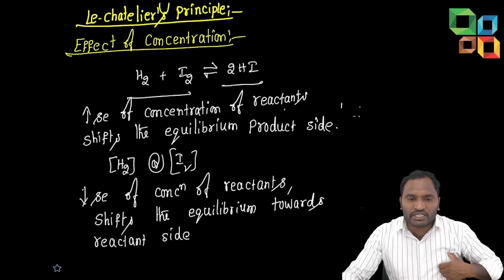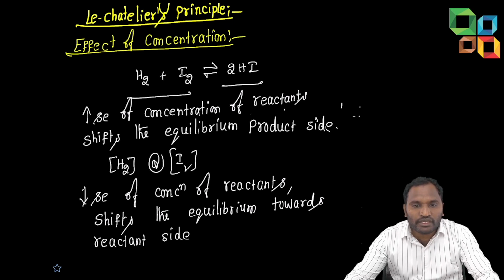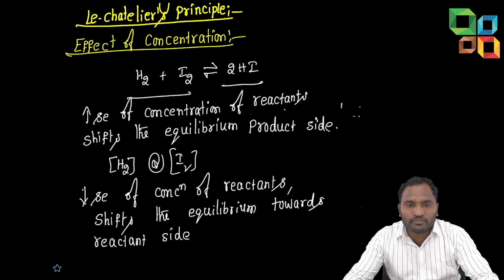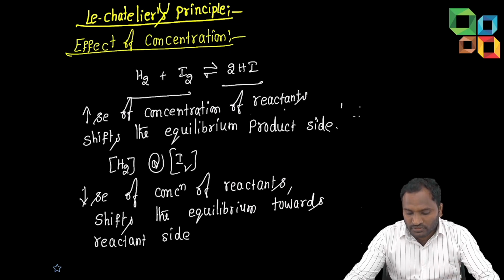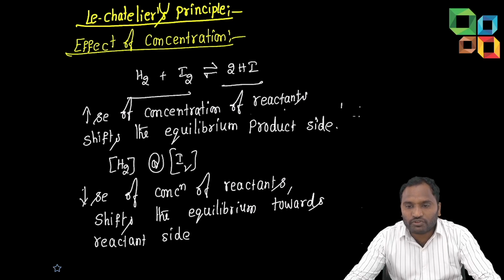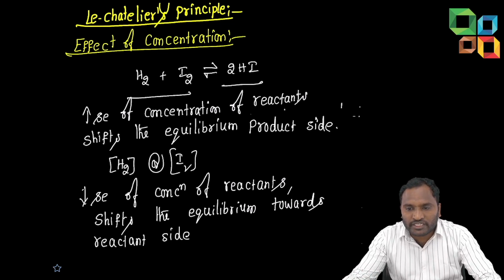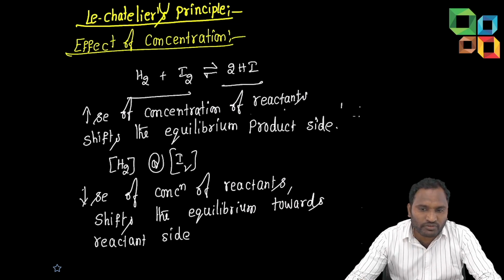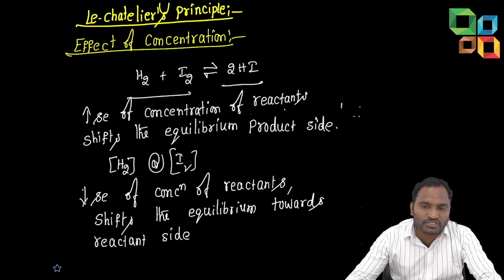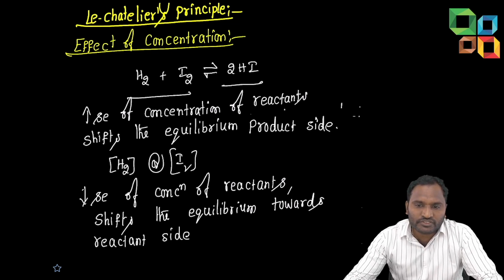In examination, they will give conditions like any one reactant concentration, for example adding extra moles of hydrogen. Is the forward reaction favorable or the backward reaction favorable? Under which conditions is formation of HI favorable? Like that they ask questions.